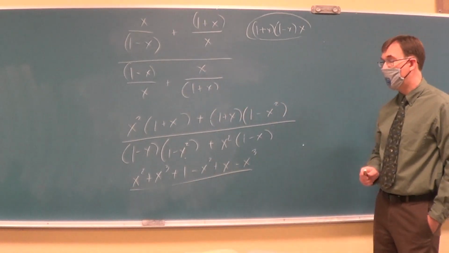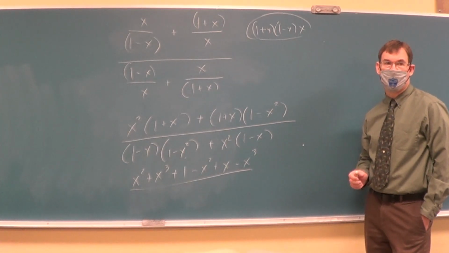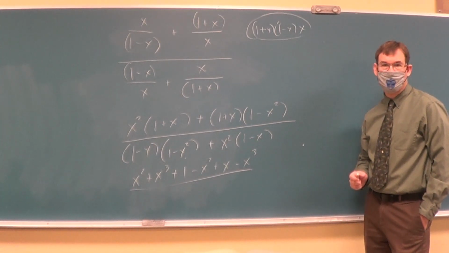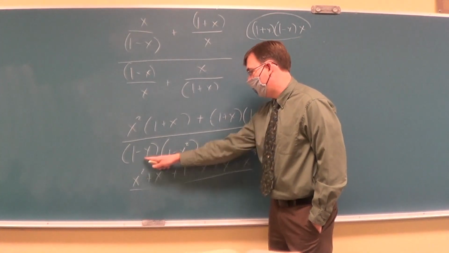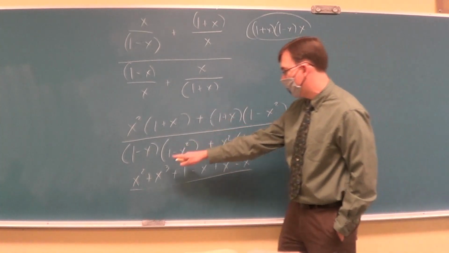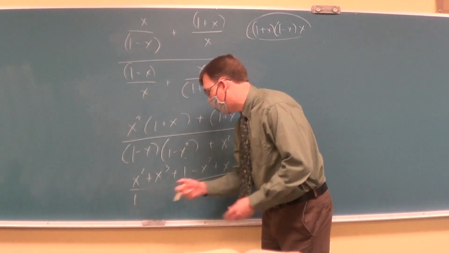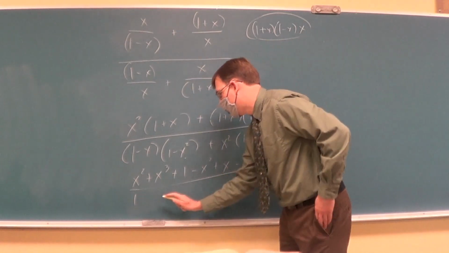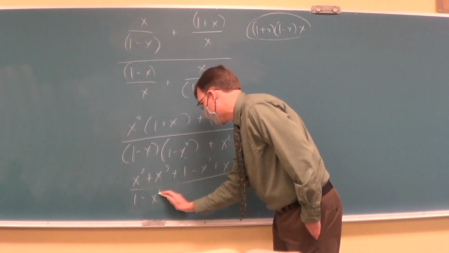Question about the top before we move to the bottom? Then what's this? What's that called? Foiling. It's slightly different from the one we did, so let's just redo it. 4 items again though. There is a 1. Negative x squared is there.